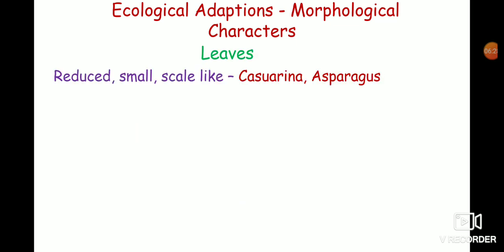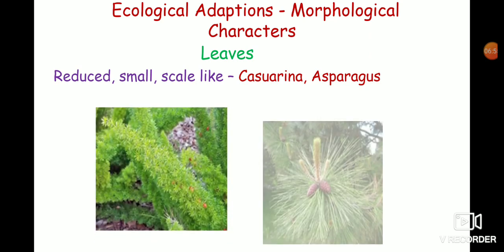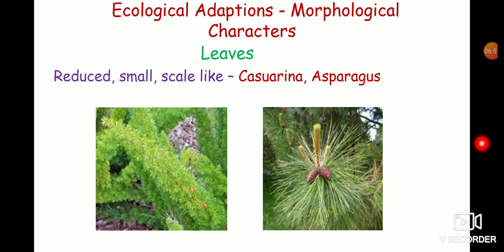Coming to the leaves, they are reduced, small, scale-like, appearing only for a brief period and sometimes modified into spines. The leaves are reduced like scales in Casuarina and asparagus.